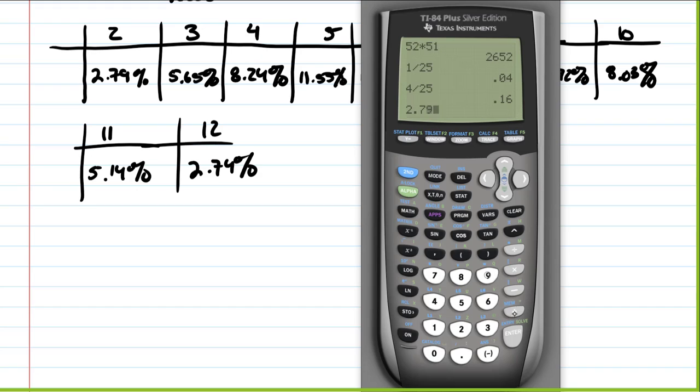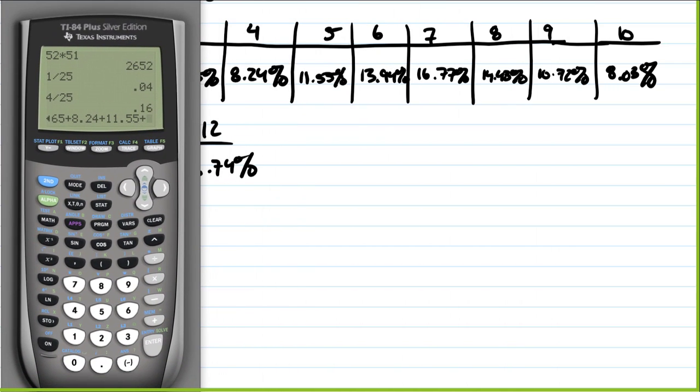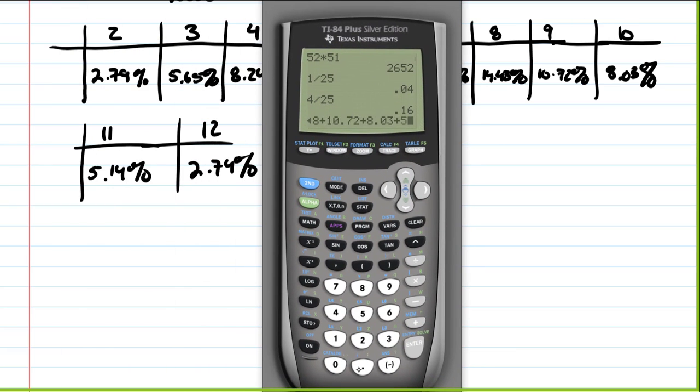So 2.79 plus 5.65 plus 8.24 plus 11.55 plus 13.94 plus 16.77 plus 14.48 plus 10.72 plus 8.03 plus 2 more, 5.14 plus 2.74.